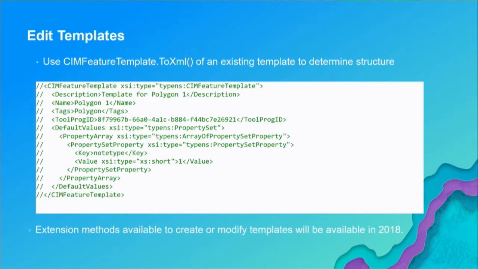We're hoping that later in 2018 we're going to be giving you some more generic extension methods to do template manipulation so that you don't actually have to deal with this auto-generate feature template flag and the SIM itself. These extension methods are currently being worked on.